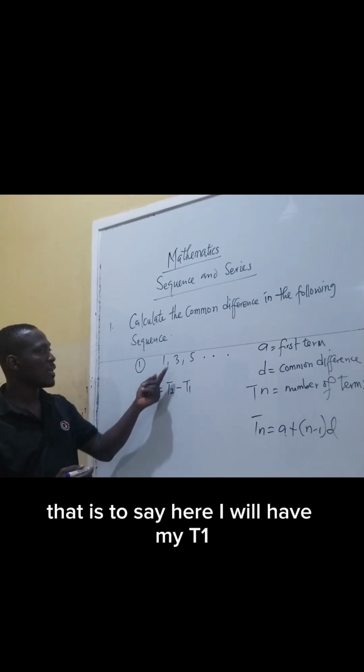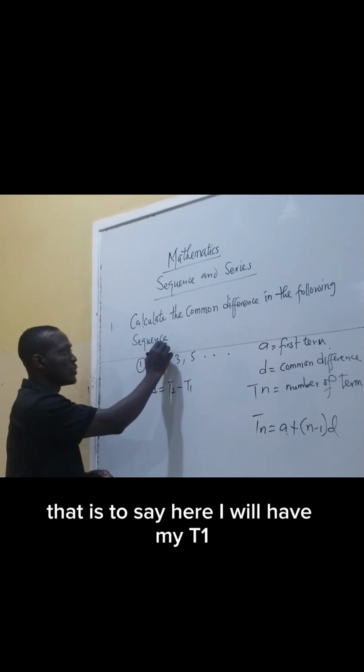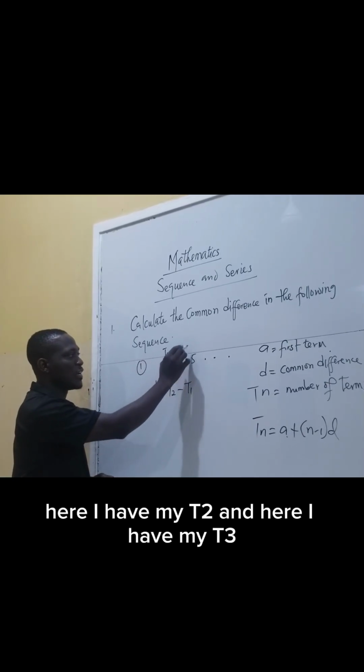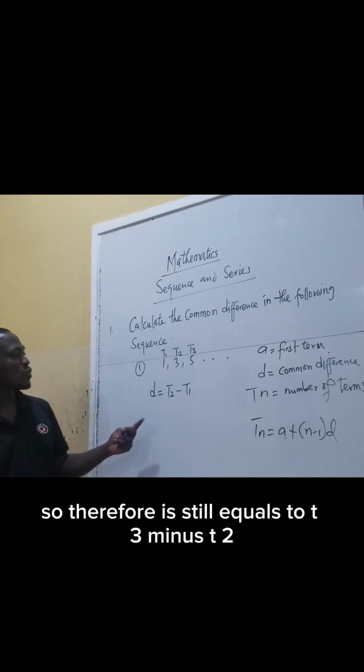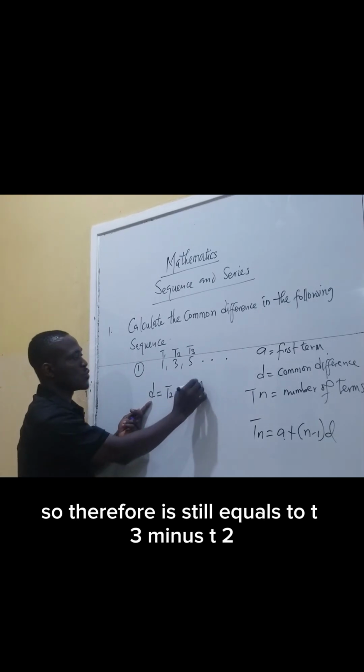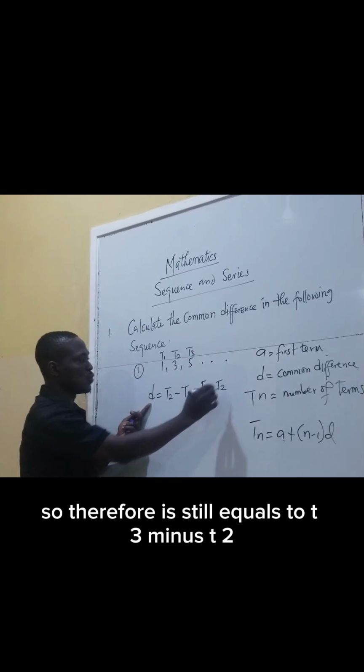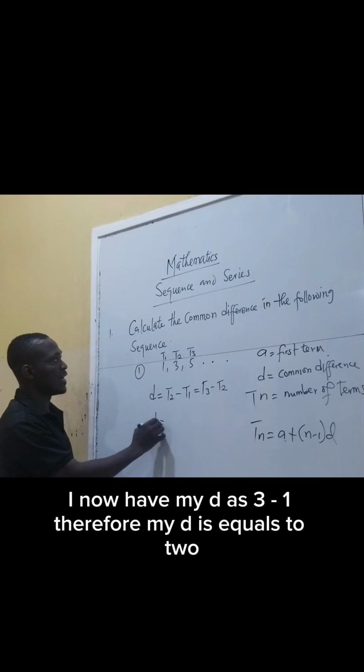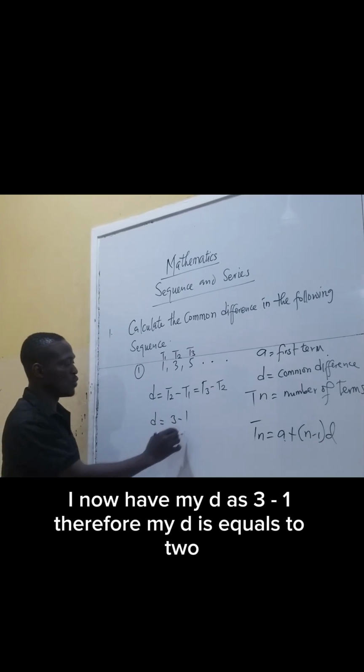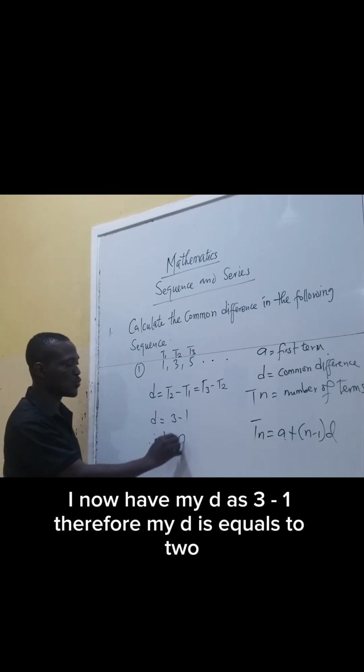That is to say, here I will have my T1, here I have my T2, and here I have my T3. So therefore, it still equals to T3 minus T2. I now have my D as 3 minus 1, therefore my D is equals to 2.